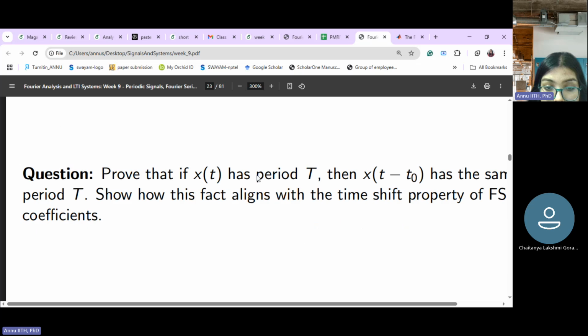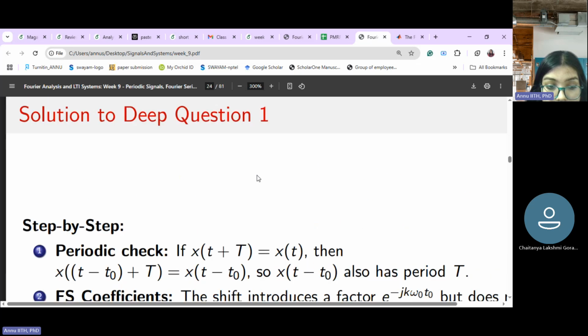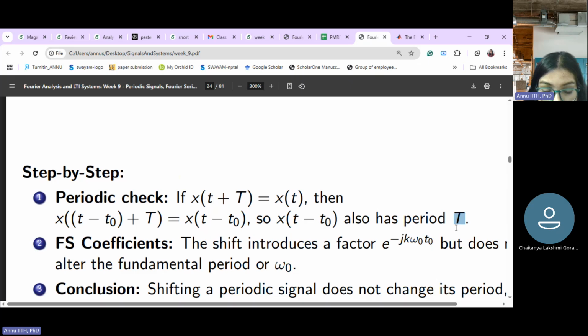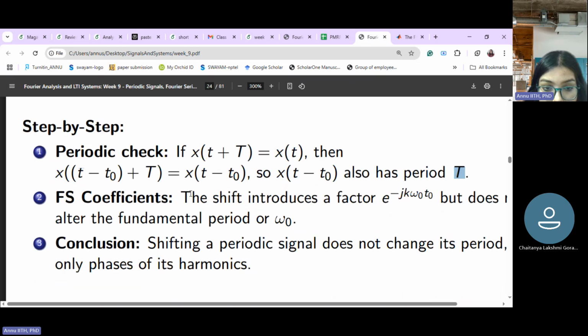Now let us prove this. How will we prove it? If we check the periodicity, we have x(t plus capital T) equals x(t), as we know. So we can write x(t minus t naught plus capital T) equals x(t minus t naught), so that also has a period T. Now for the Fourier series coefficients, the shift introduces a factor equal to e power minus j k omega naught t naught, but does not alter the fundamental period or omega naught.